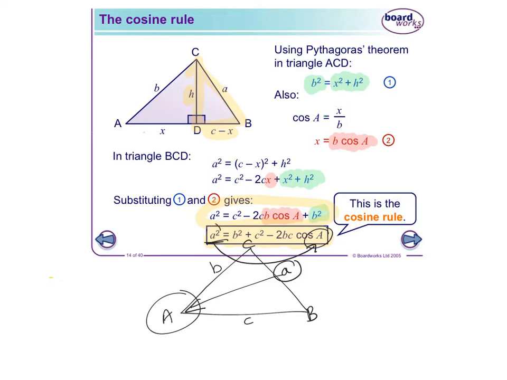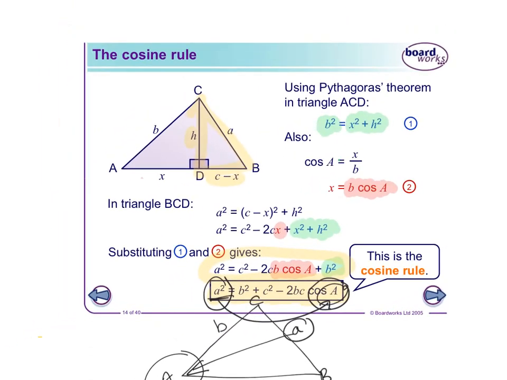So you always take the side that you're working with, cos of the angle opposite on the opposite side of the equation, and then you take the other two sides, you square and add them, and you subtract 2 times the product of those with cos A, or with the cos of the angle you're looking at. Again, this is something you'll need to see in practice with actual numbers, so let's get on with some examples.